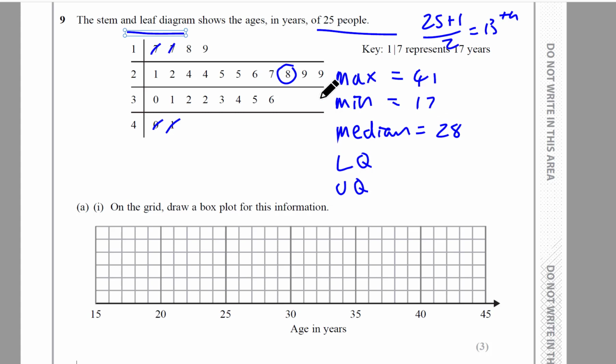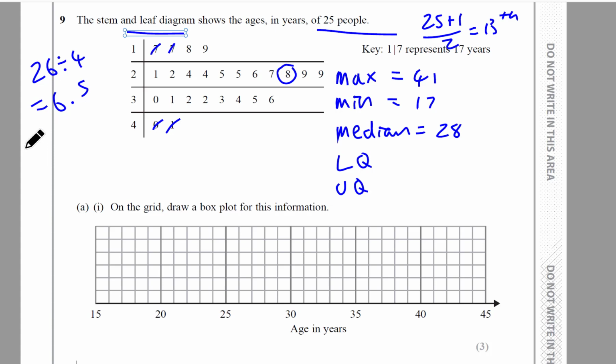Now, you can find what's in the middle between the median and the first number to get the lower quartile, but I like to do it this way. You're less likely to make a mistake, so you need to do 26 divided by 4 to get the lower quartile, which you should know is 6.5.